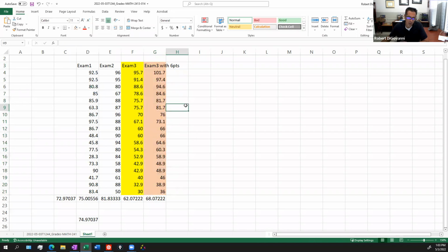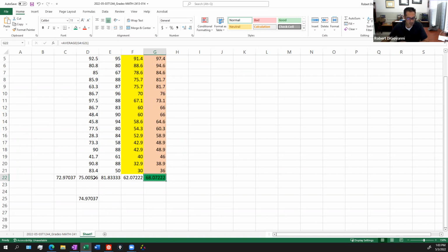What I did was basically increase the grades by 6 points so that the class average on that test, here in green, was a 68.07. The reason I did that is because if you take exam 1 in green, exam 2 in green, and the third one in green with the curve, if you average those 3 exam scores, it comes out to a 75.